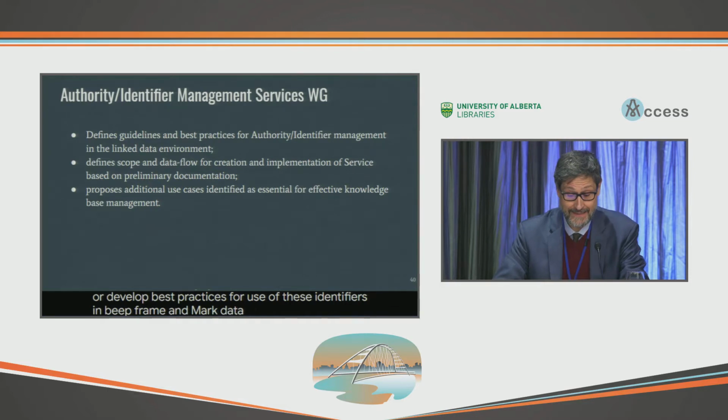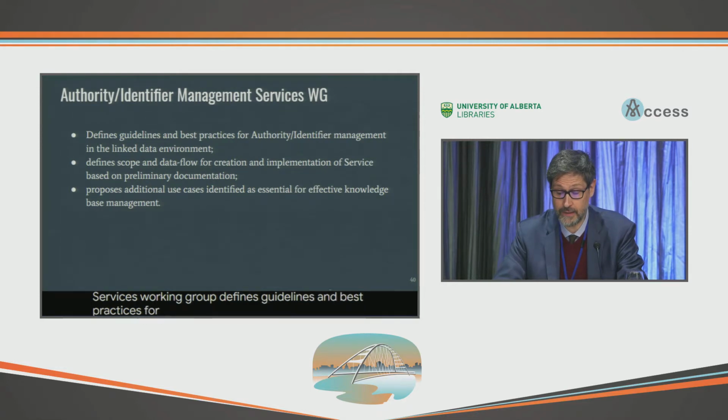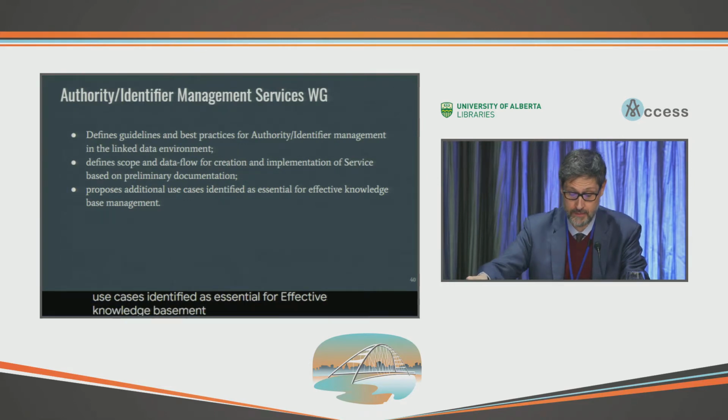The Authority Identifier Management Services Working Group defines guidelines and best practices for authority identifier management in the linked data environment, defines scope and data flow for creation and implementation of service based on preliminary documentation, and proposes additional use cases identified as essential for effective knowledge-based management.